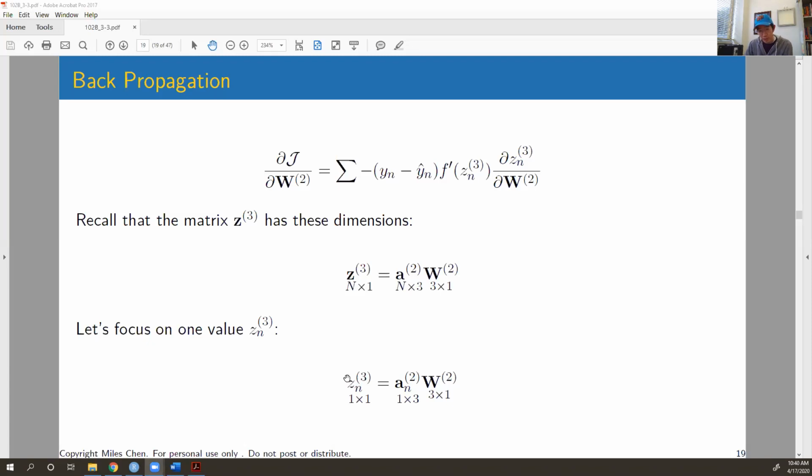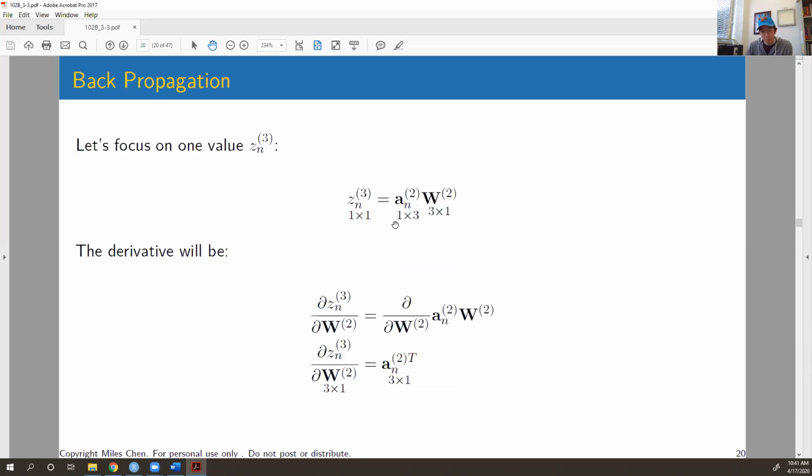The gradient of some scalar value with respect to a vector is going to be the thing that it's being multiplied by, transposed. So the gradient of this is going to be a sub n transpose.